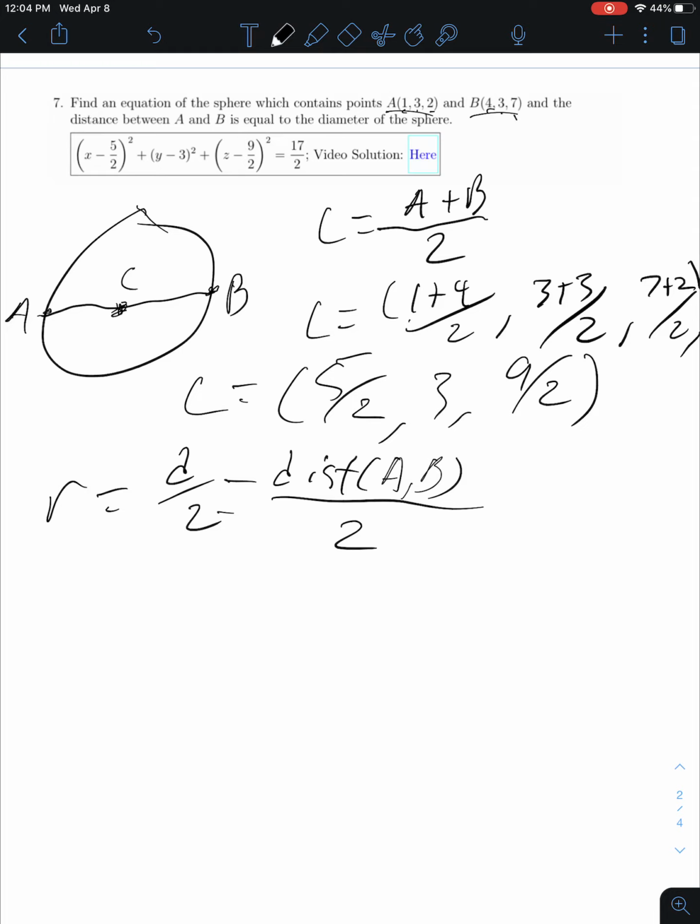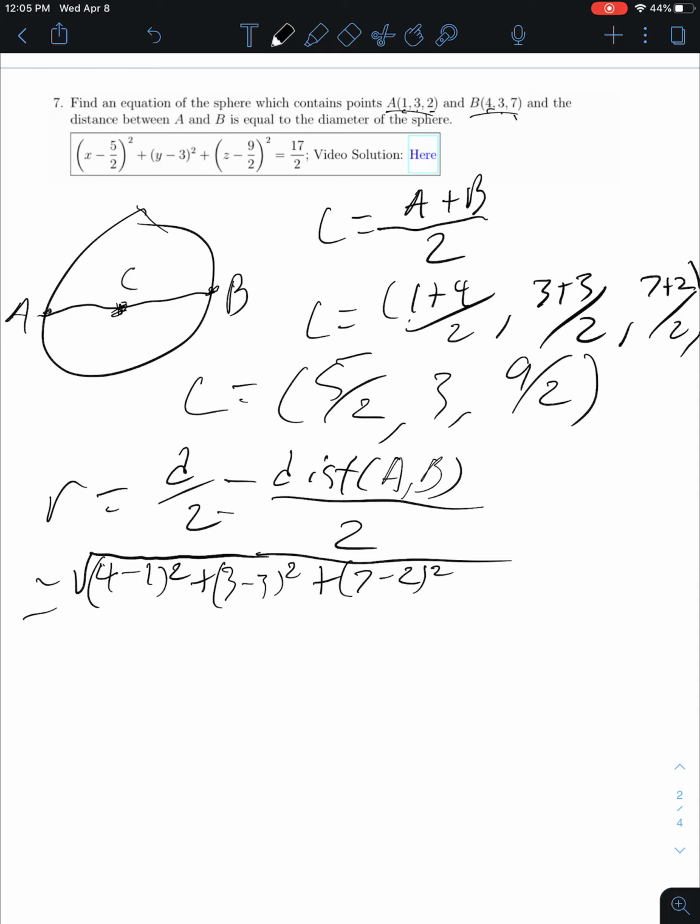So the distance between A and B is going to be equal to root 4 minus 1 squared plus 3 minus 3 squared plus 7 minus 2 squared. And then can't forget that's all still divided by 2.